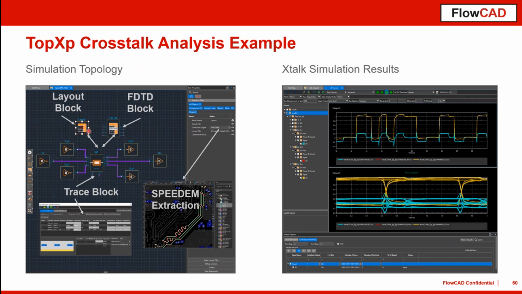And we can place this layout block or this FDDT block. Both now extract the layout of your design, as we have seen at the beginning of the Speed EM, where you just select the nets of interest, and then based on the extraction level, those transmission line models are extracted and automatically put here with a circuit element that directly connects to your topology.